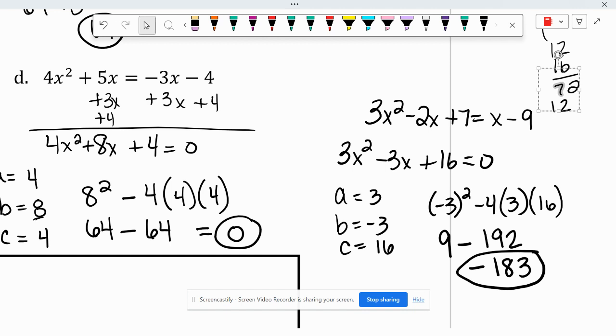Guys and gals, this is your homework time. What is this in standard form? What do I do to put this in standard form? Subtract the x and, so when I do that, what do I get? Yeah, 3x squared minus 3x plus 16.